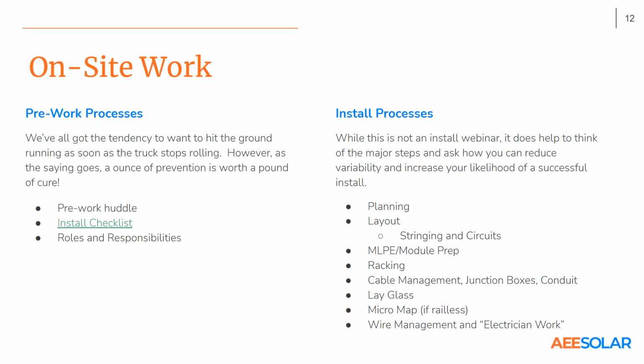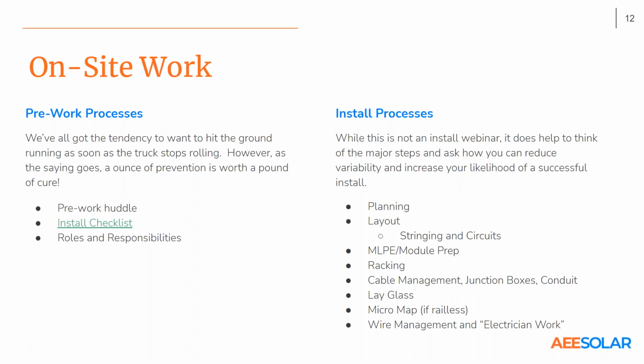Yeah. So we'll talk through some tips and best practices on racking, cable management, junction boxes, and conduit. Then, assuming you've done all of that well, you're going to start laying glass. I don't have a lot of great tricks there. I think as an industry, we've gotten that pretty streamlined.